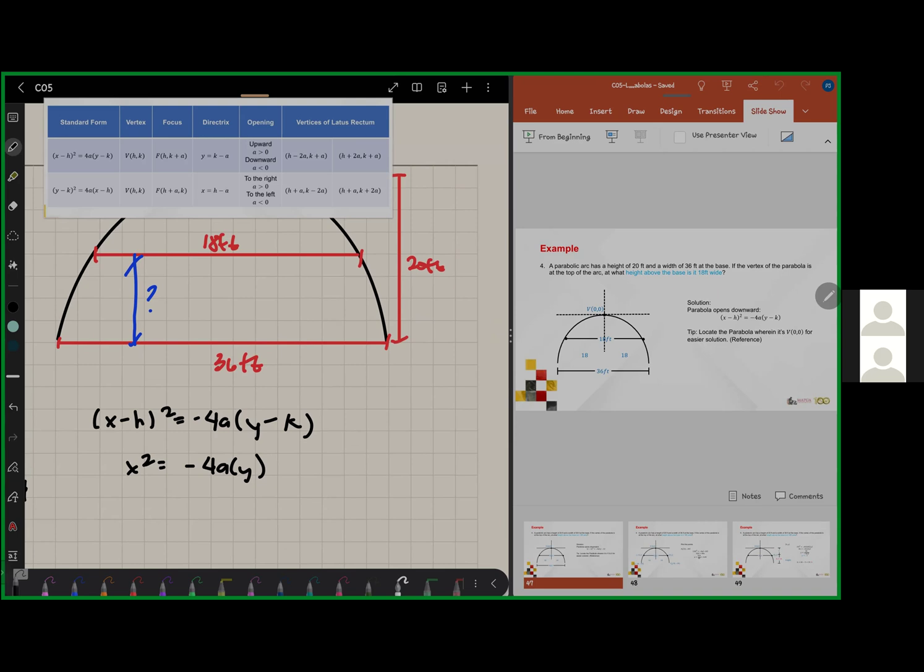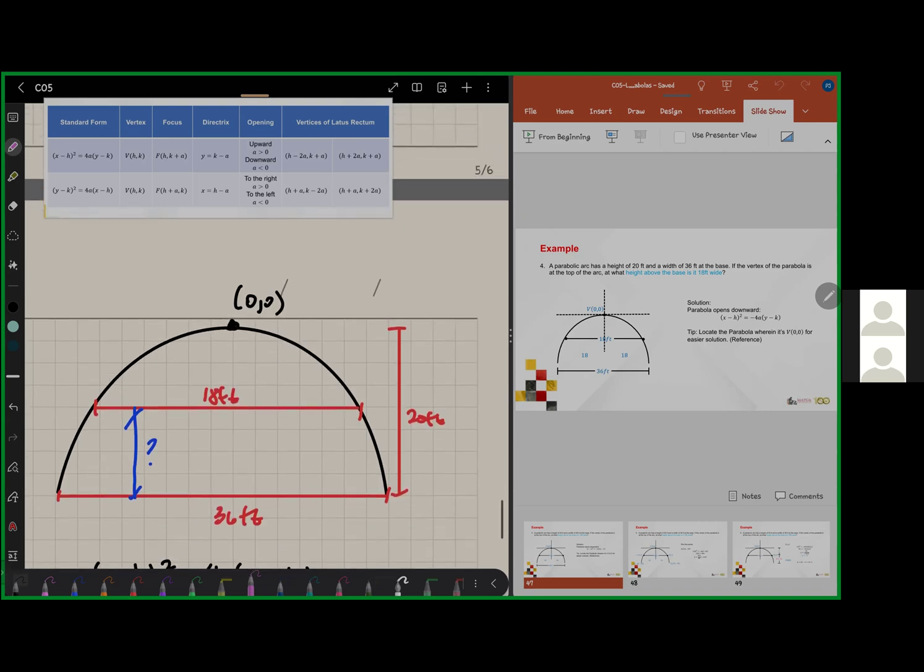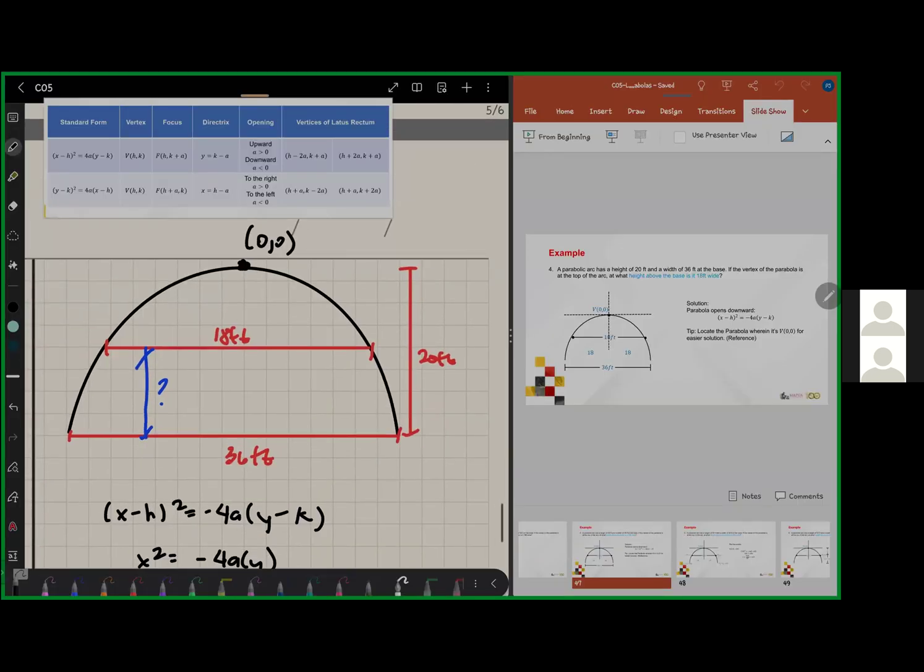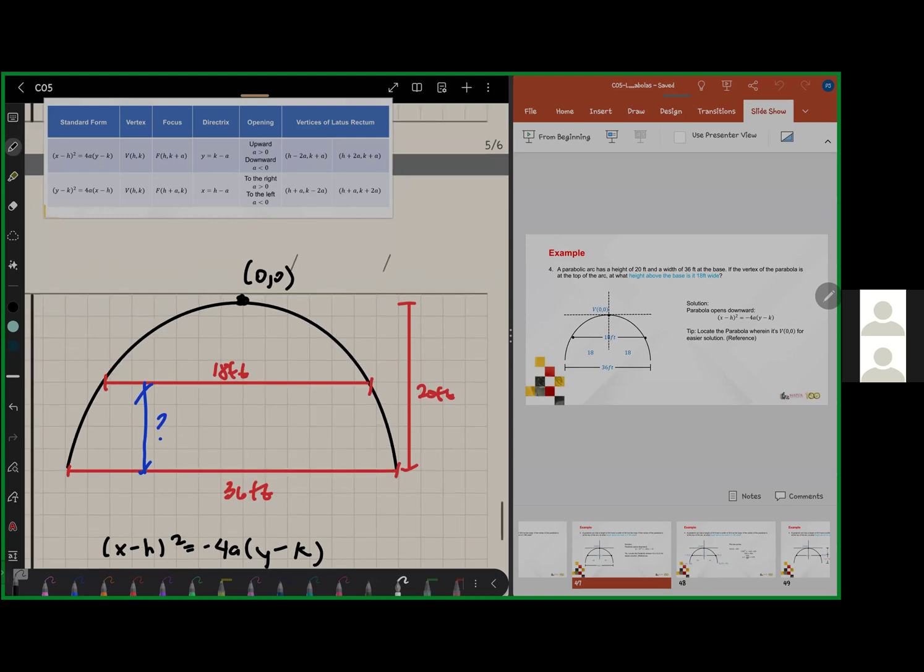We have the values here. We have the value of 36 feet and 20 feet. So looking at our problem, since we assume that the vertex is at (0, 0), let us try to write a small x and y axis.